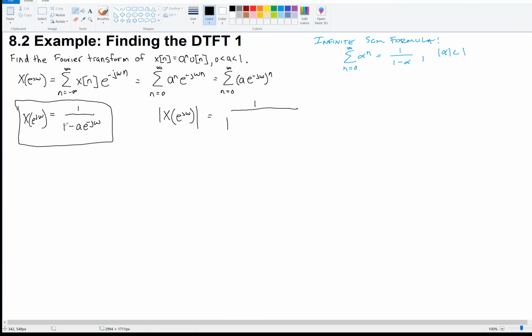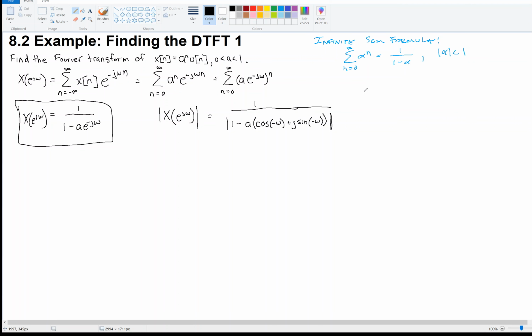So I have a real number and then a complex number. So what I'm going to do is make that complex number in rectangular form. So this is going to be 1 minus a, and then I'm going to use Euler's formula to put this in rectangular form. Cosine of minus omega plus j sine of minus omega.